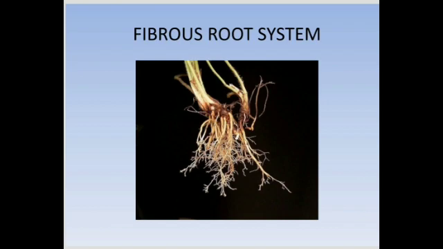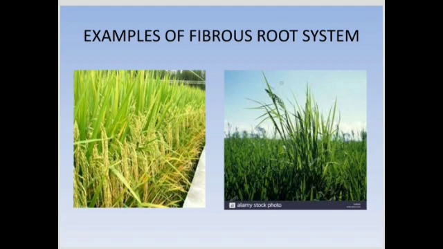They are very thin and uniform in size. It is generally seen in monocotyledonous plants. Grass, paddy, maize are examples of fibrous root system. They are monocotyledonous plants.